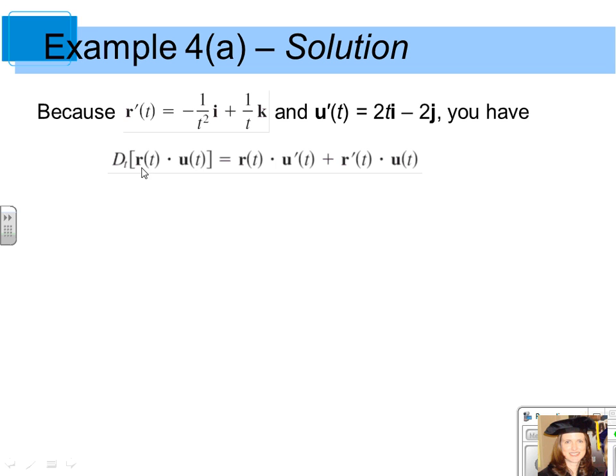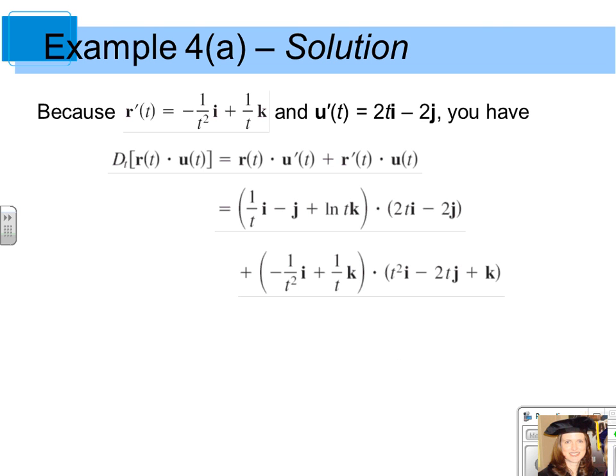Okay, so by using this property, we find r prime and u prime, and the derivative of the dot product of r and u is equal to the first times the derivative of the second plus the second times the derivative of the first. And that is going to look like 1 over t i minus j plus the natural log of t k.